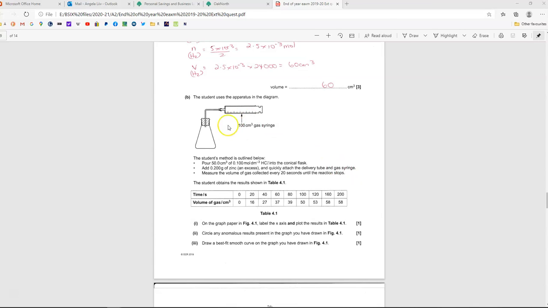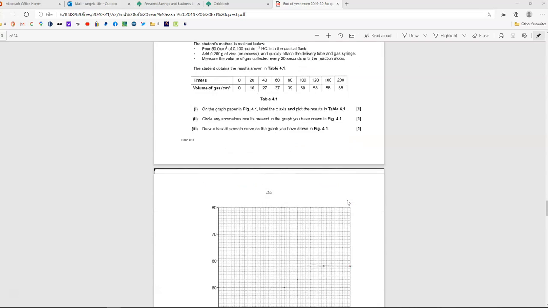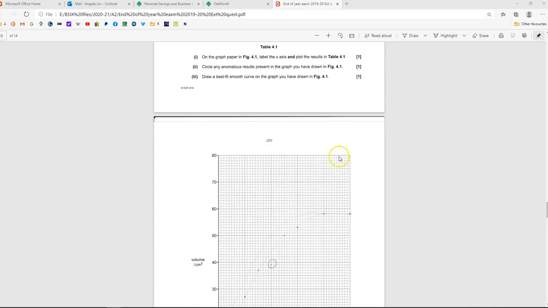Okay, you're given some information on some apparatus here, you're given some data, and then asked to plot a graph. On the graph paper, plot it and label the x-axis, circle any anomalous results, and draw a best fit smooth curve.